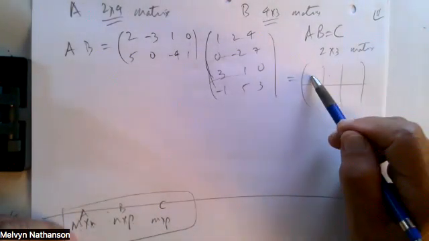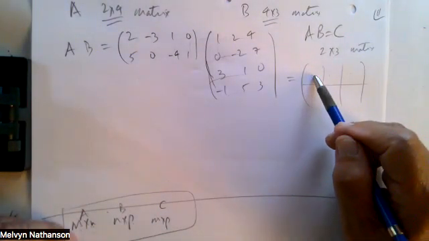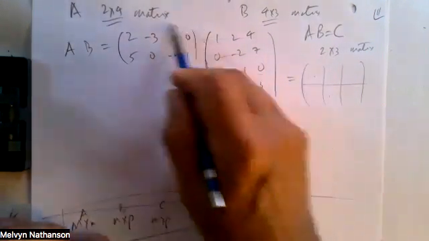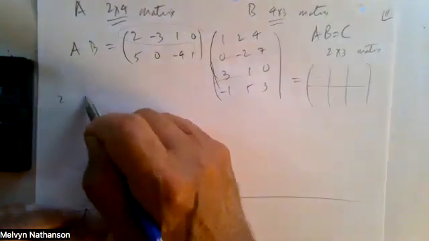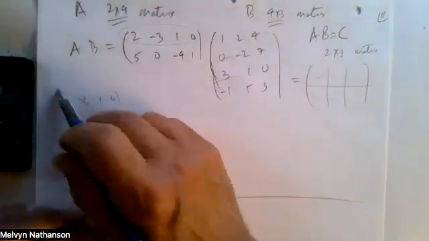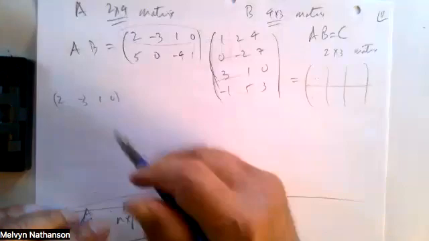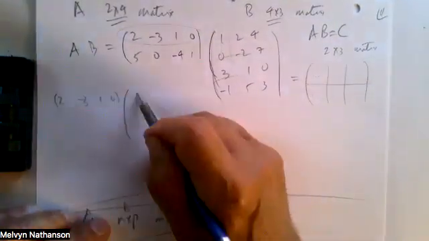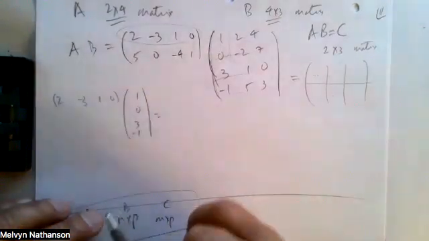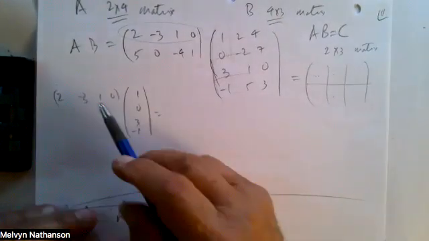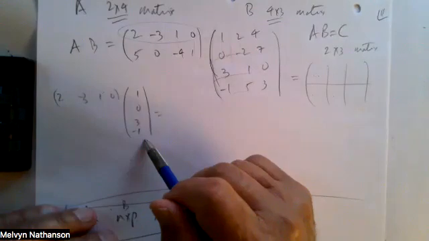So for example, this is the first row, first column. So I take the first row of A, 2, minus 3, 1, 0, times the first column of B, 1, 0, 3, minus 1. What do I get when I multiply this row into this column?